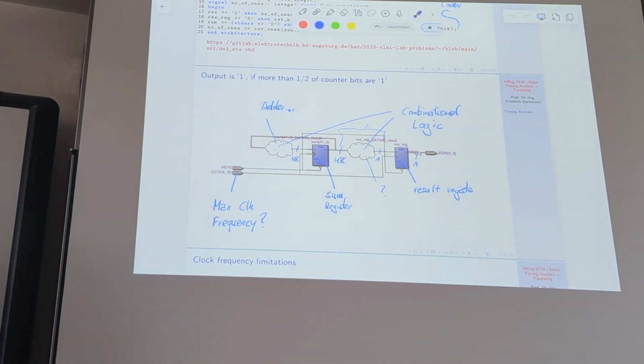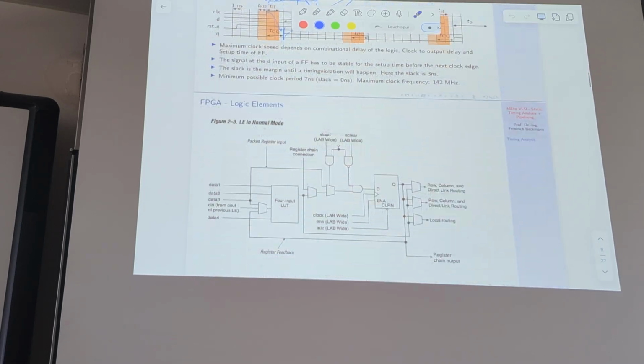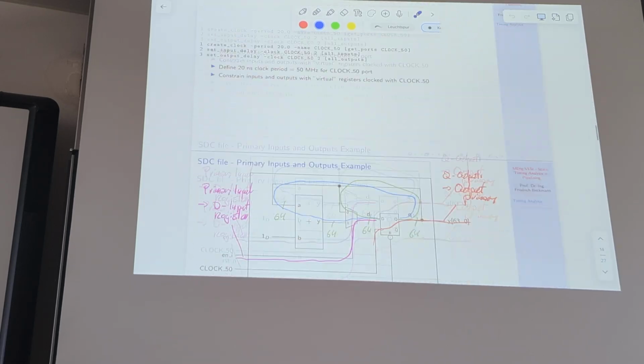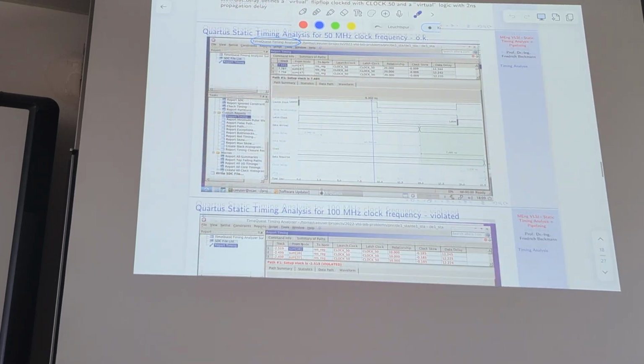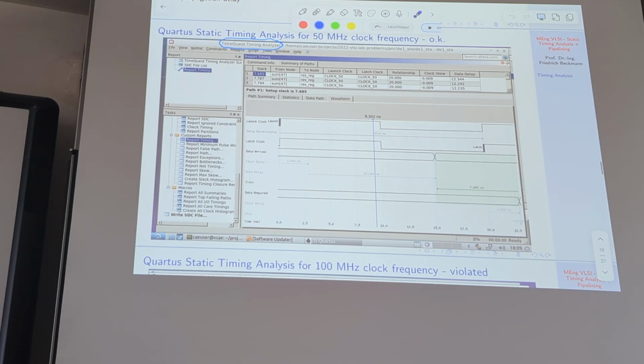And I showed that when you run this with 50 megahertz, then you can have this nice picture here showing that this works, and you still have a slack of 7.6 nanoseconds when you have a clock period of 20 nanoseconds, so 50 megahertz.